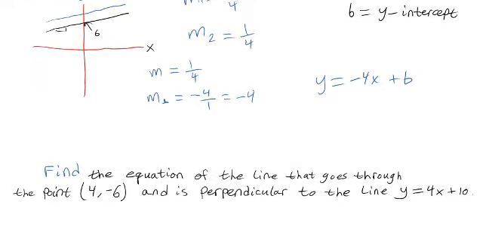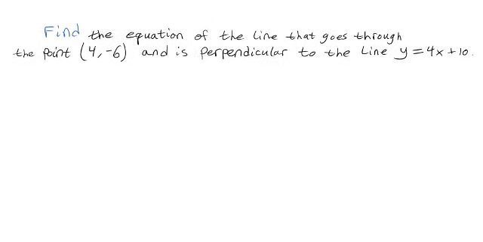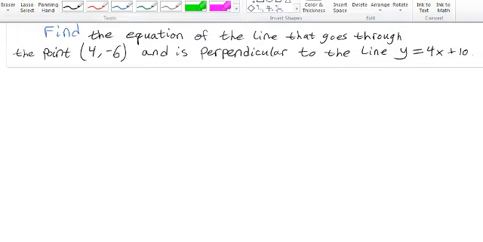So this question asks, find the equation of the line that goes through the point (4, -6) and is perpendicular to the line y equals 4x plus 10. Alright, so what do we do first? How do we approach this problem?